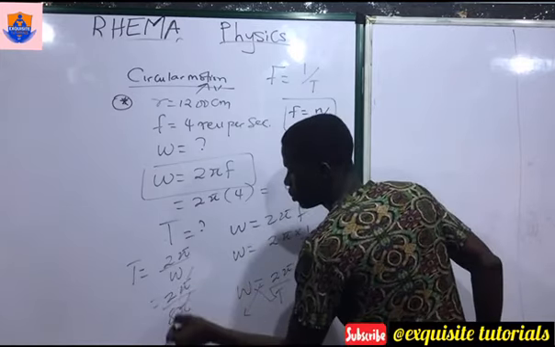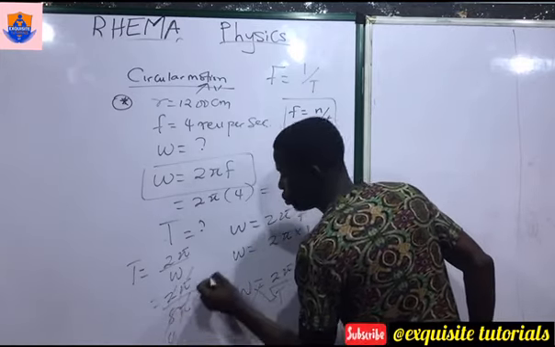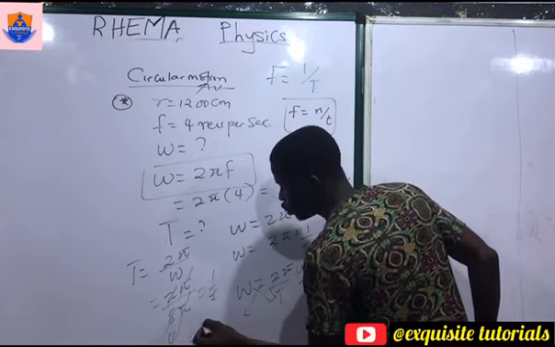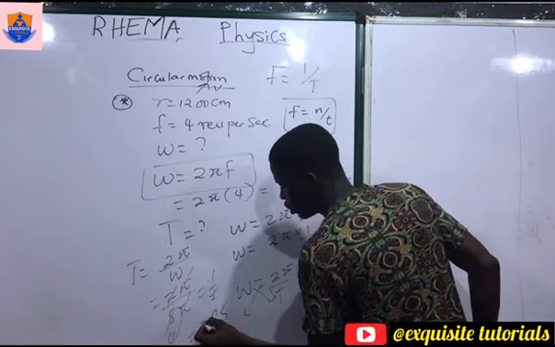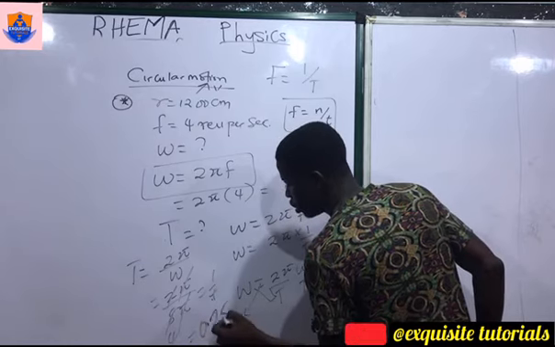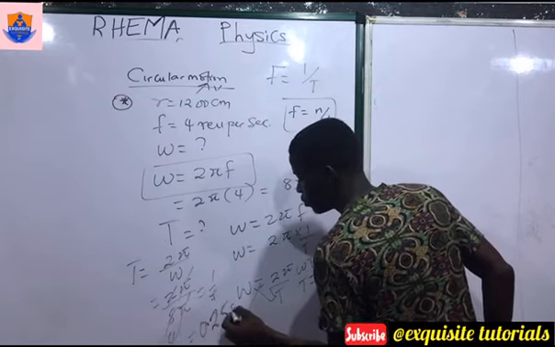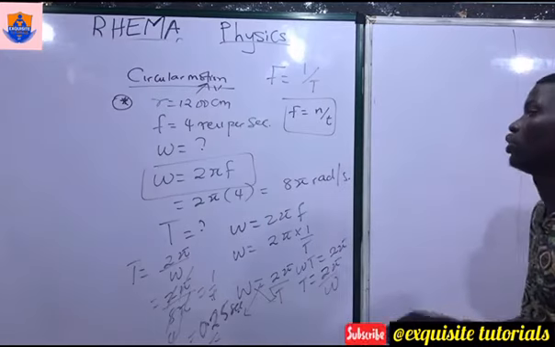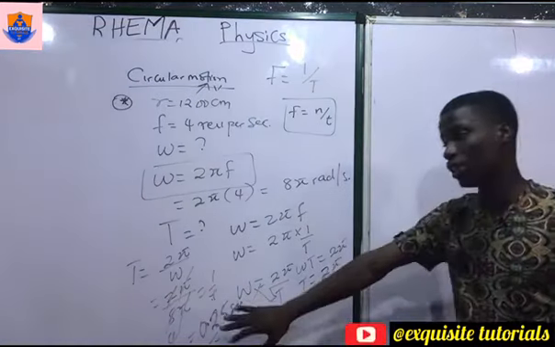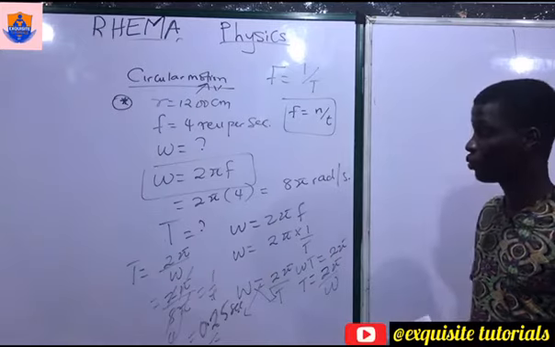My pi will cancel my pi. 2 into 8 is 4. So we'll be having 1 over 4, which is 0.25. Period is always measured in seconds. So that is that for this question.